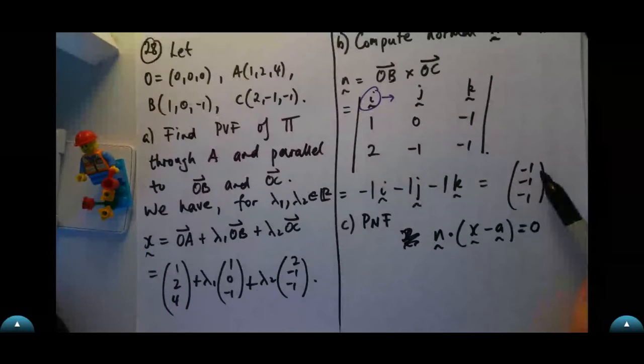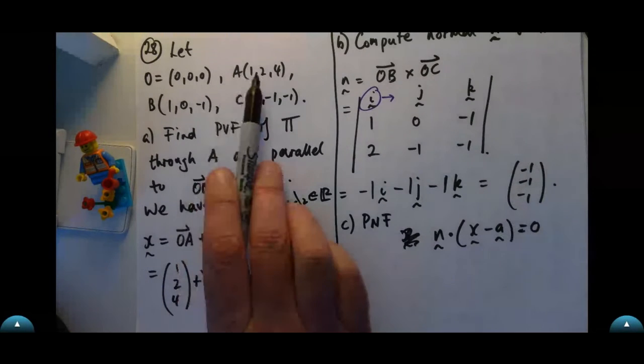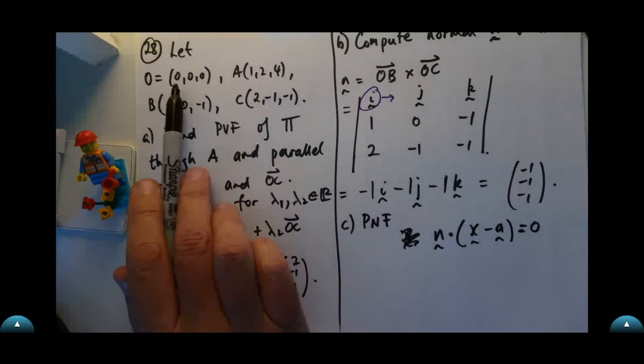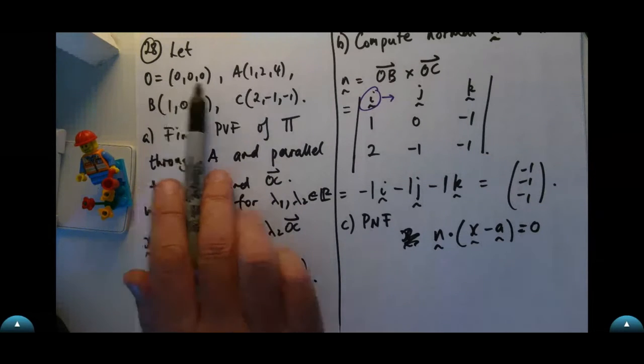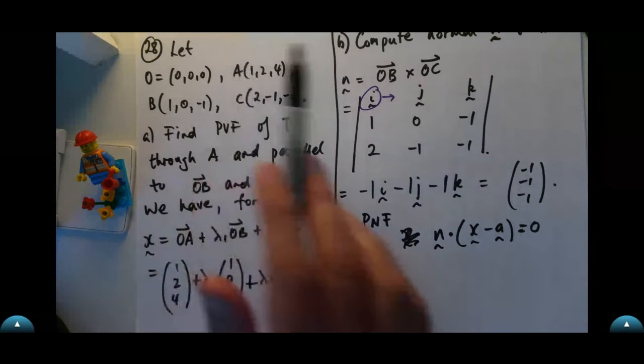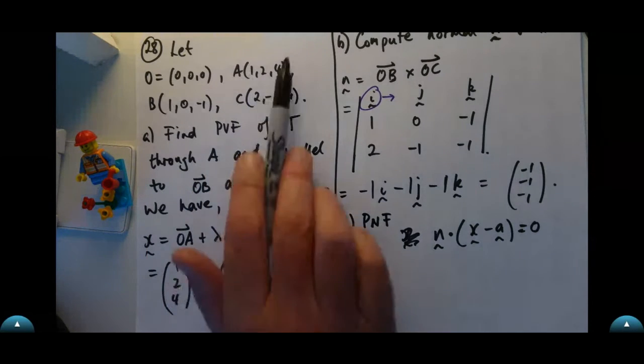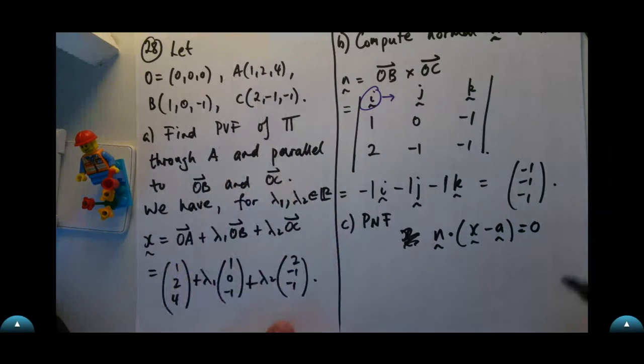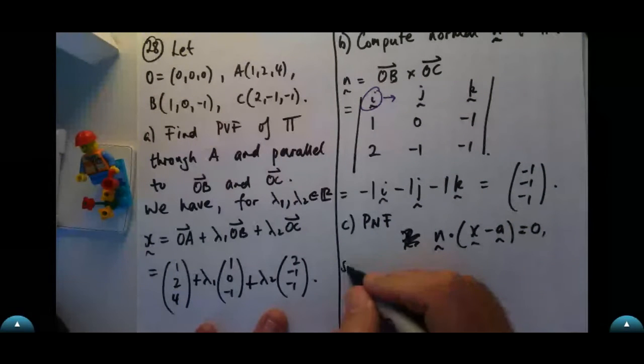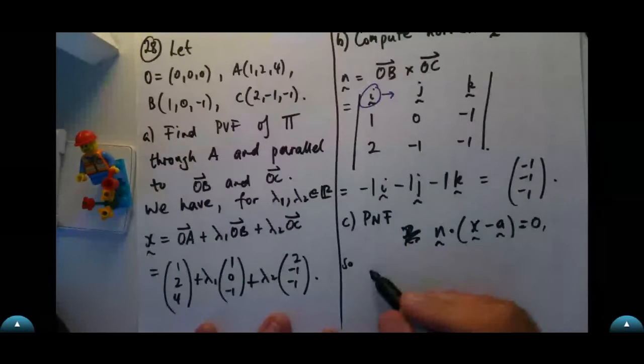So here we've already got our normal vector. A could be that point, or it could be that point, right? Let's take this point just to make it a bit more interesting. Oh yeah, no, it's this point.